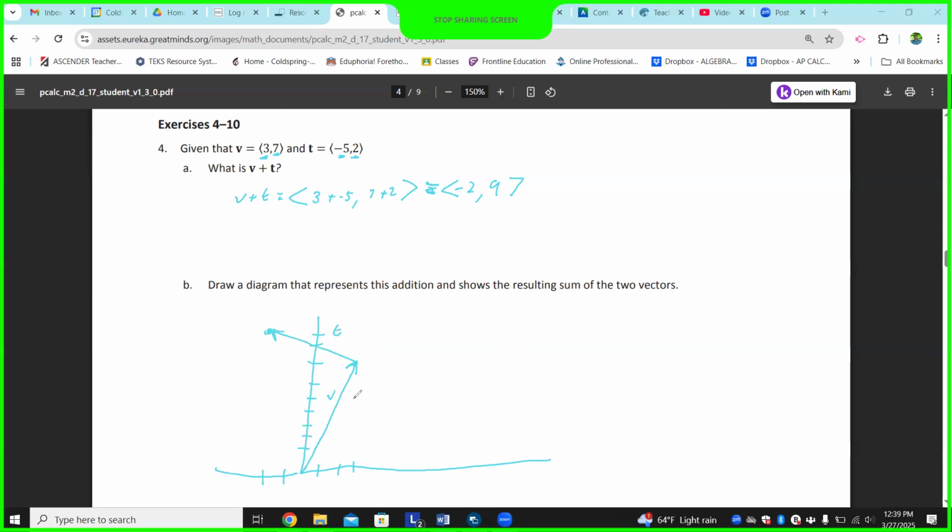So there's my T. And what coordinate did that just land on? Negative 2, 9. So there's your V plus T right there. There you go. And that's a great stopping point. We'll talk about scalar multiplication and subtraction on Monday. We're good?